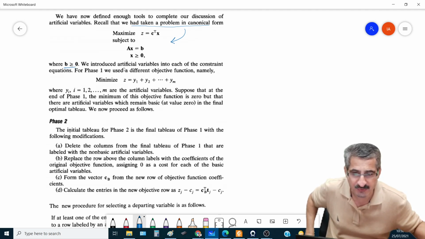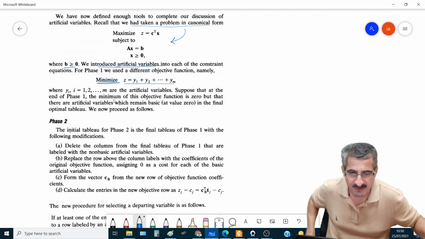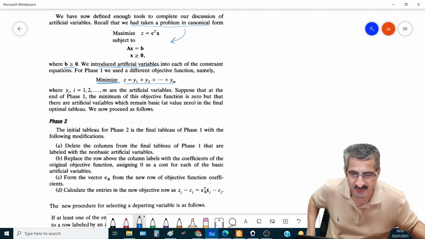And we introduced artificial variables, and we called them y1, y2, y3. And we took for the auxiliary problem this objective function, and we want to minimize it and make it 0 actually. Now, suppose that at the end of phase 1, the minimum of this objective function is 0.